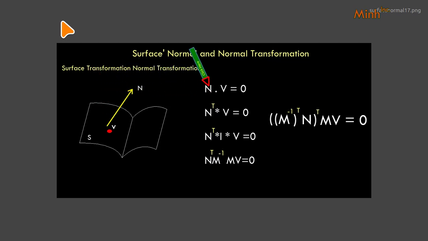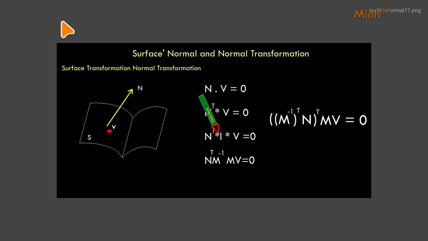If that is the case, then n dot V would be 0, because the dot product of two vectors is 0 if they are at 90 degrees, if they are orthogonal. Then if I turn it into matrix multiplication, I have to transpose one of them.